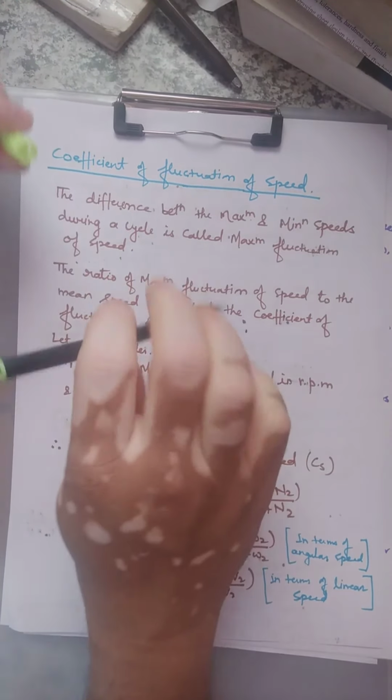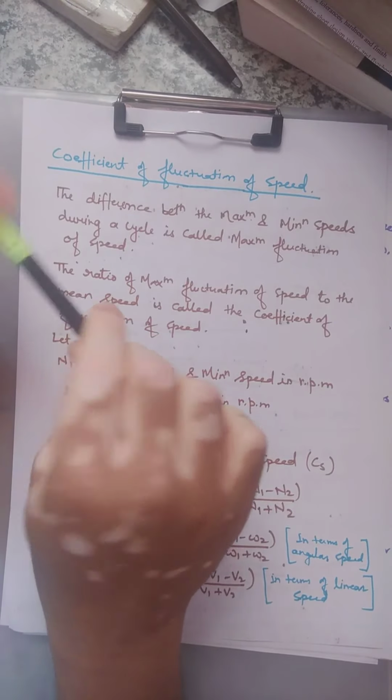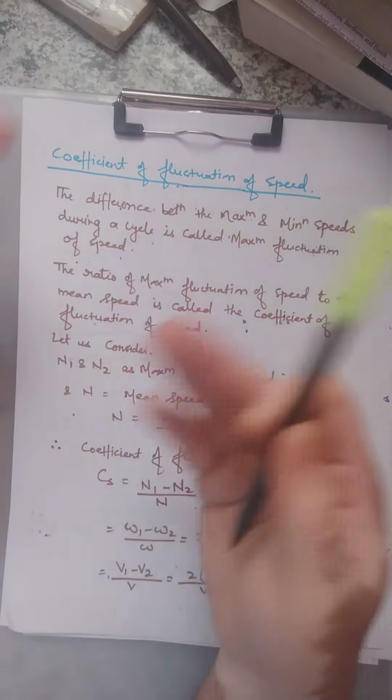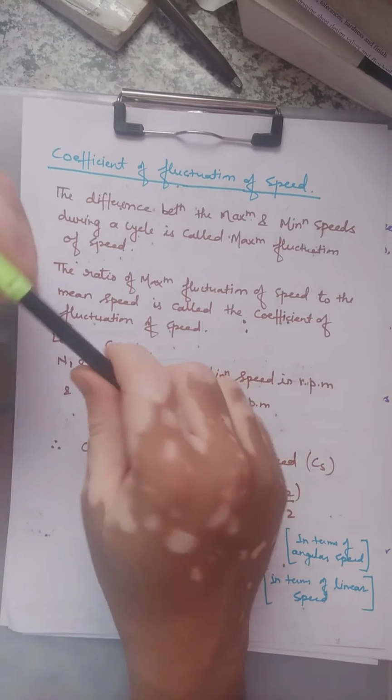Now the second thing is the coefficient of fluctuation of speed. When we get energy, we are on the higher speed side, and when we lose energy, we are on the lower energy side.